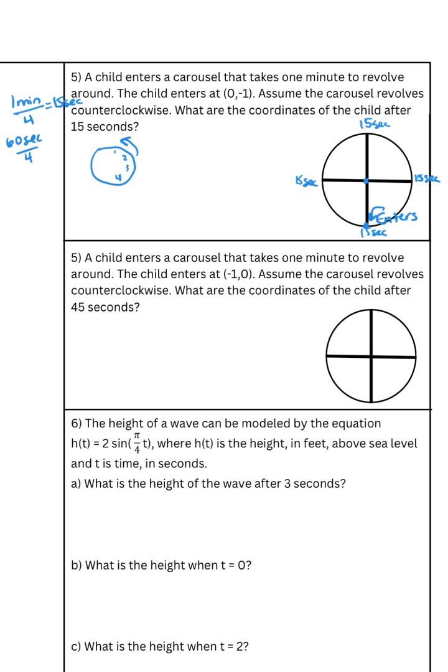It revolves counterclockwise, so we're going to go that direction. What are the coordinates of the child after 15 seconds? So after 15 seconds, it's just going to be right there. So after 15 seconds, our coordinates are, we went over 1, 0. That is our answer. All right, let's look at another one.